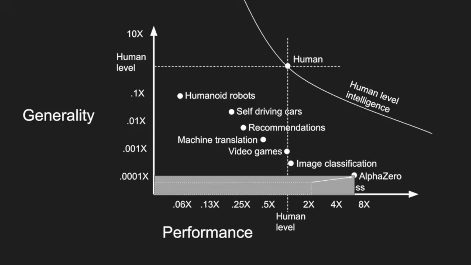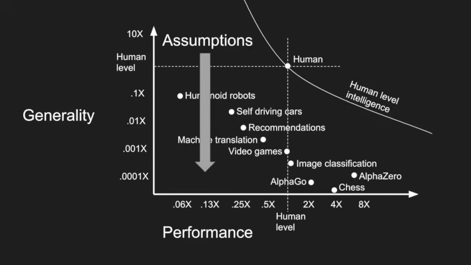So it's worth taking a moment and thinking about what is it that allowed us to step in this direction? Well, AlphaZero made many fewer assumptions about what was going on. And it also was able to practice as many times as it needed to through self-play. In general, assumptions are what prevent generality.